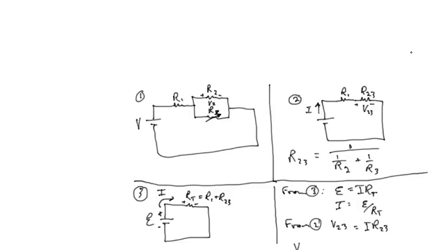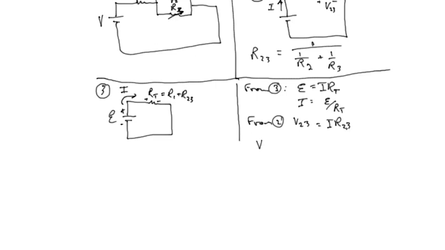So let's write that down: V2 is equal to V23, and that's what we wanted, the voltage across R2.